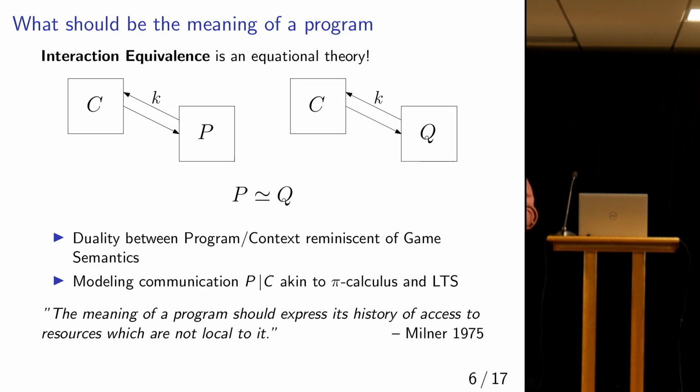And this is also a bit related to how composition works in process calculi, in the pi calculus, and with label transition systems. And so we really want to count somehow the number of accesses, the number of resources that the program needs that are external to the program, so ignoring what's going on internally.